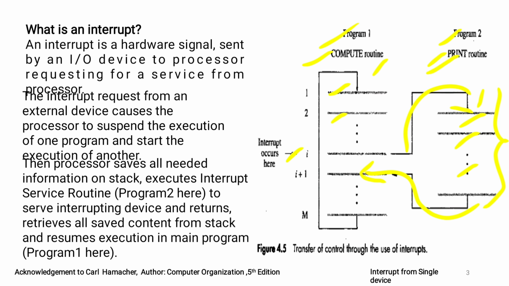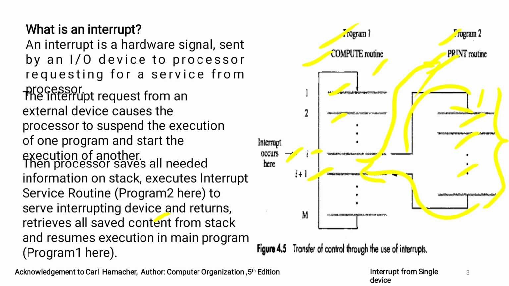After serving the external device which had interrupted the processor, it returns and resumes its operation by executing the next instruction after I. Before going from the compute routine to the print routine, that is from the interrupted program to the interrupting program, the processor will have saved the content of some registers, say the program counter.